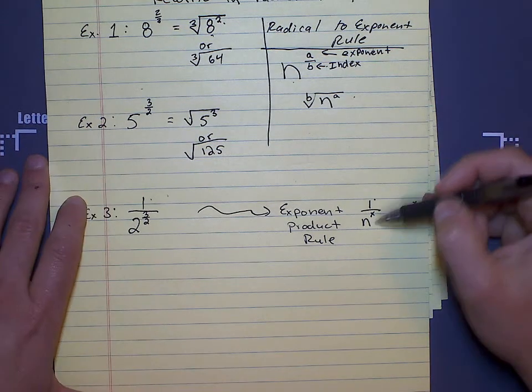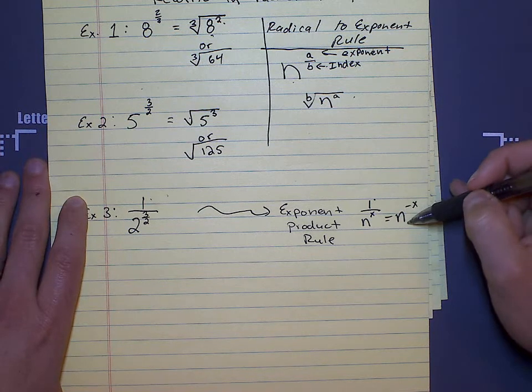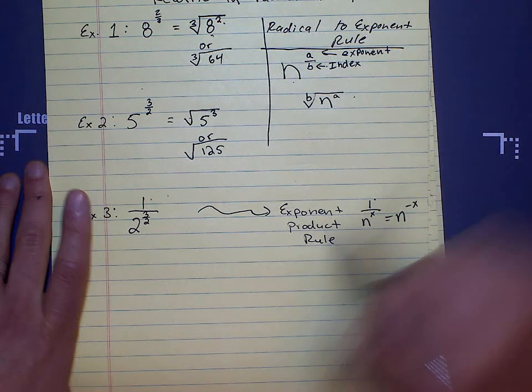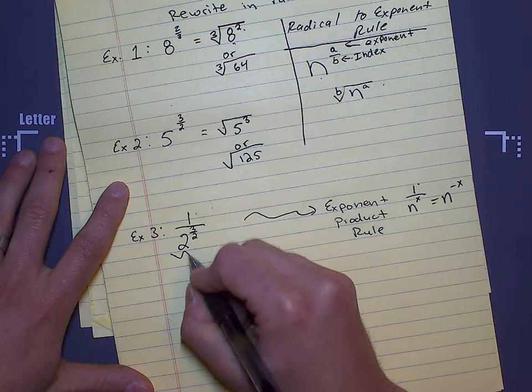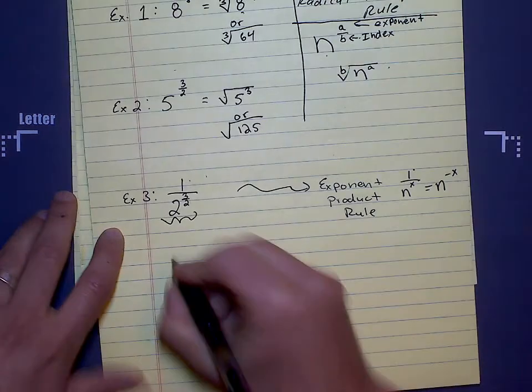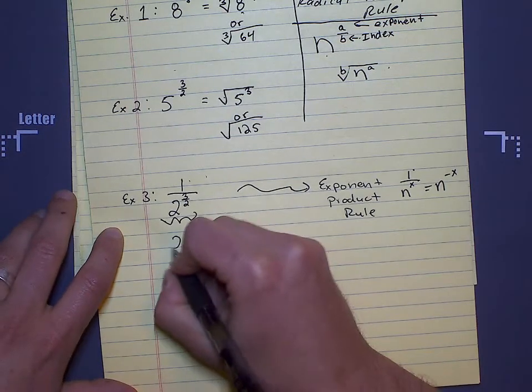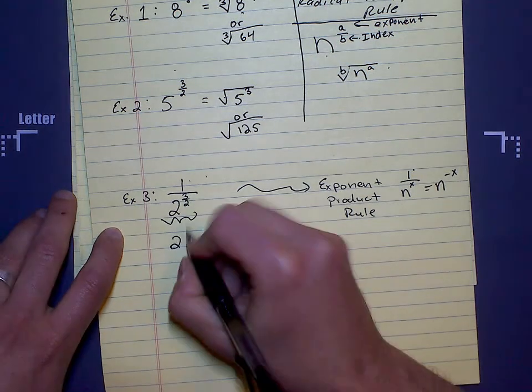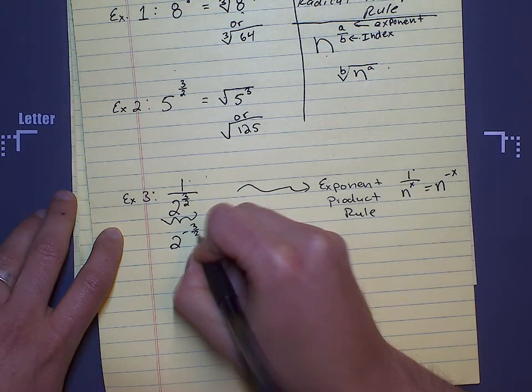So if you have 1 over n to the x, it's also equal to n to the negative x, and those are equivalent, which means for this example, you could also write this as 2 to the negative 3 over 2.